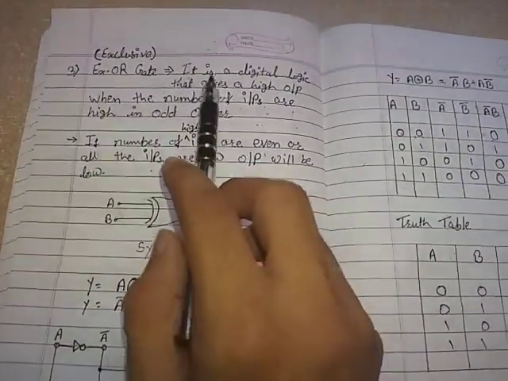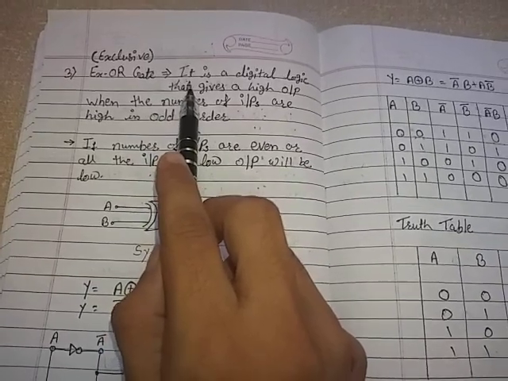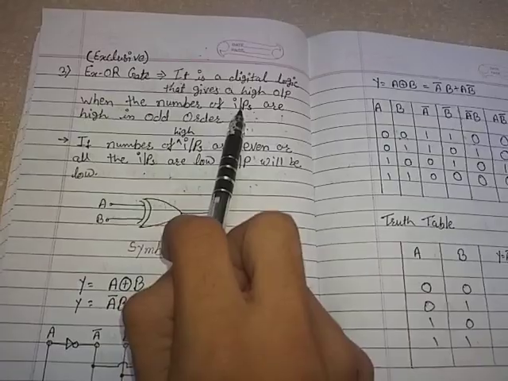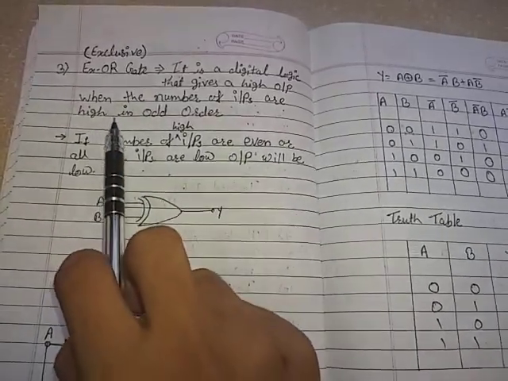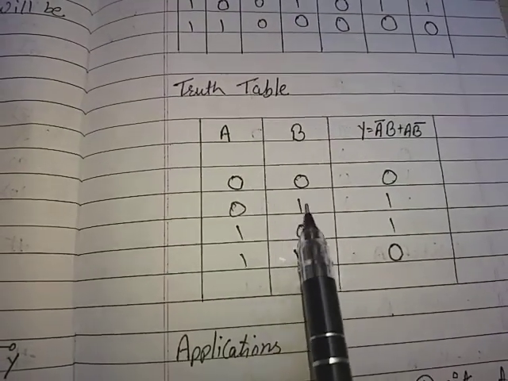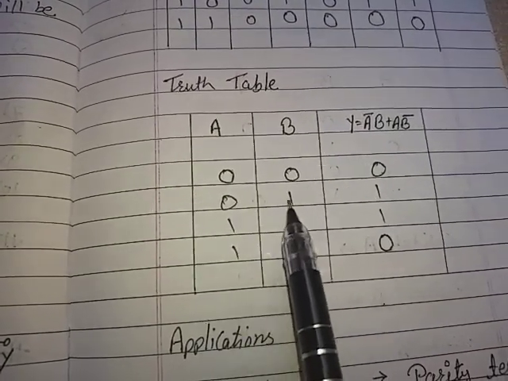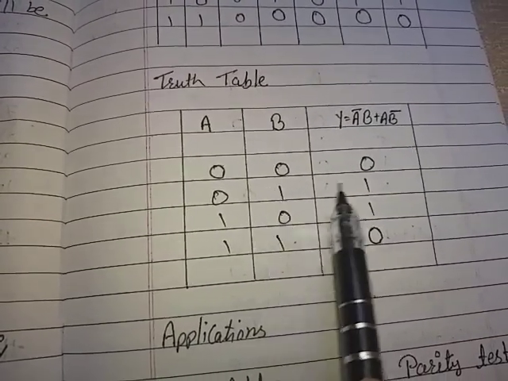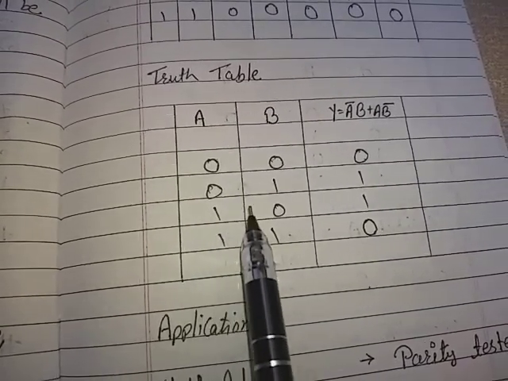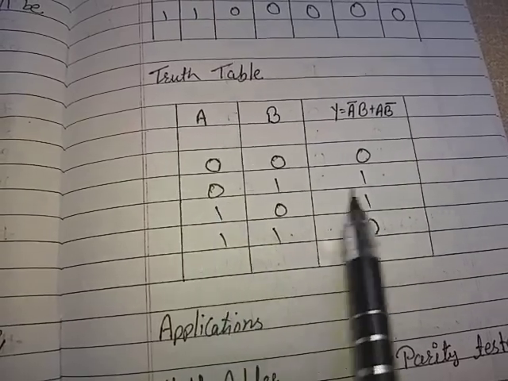Now let's move to the definition again. It gives a high output when the number of high inputs is odd. Now look here. We have one high input, and one is an odd number, so we get high output. Here as well, we have only one input high and one is an odd number, hence the output is high.